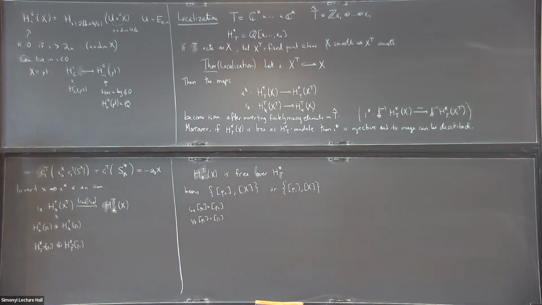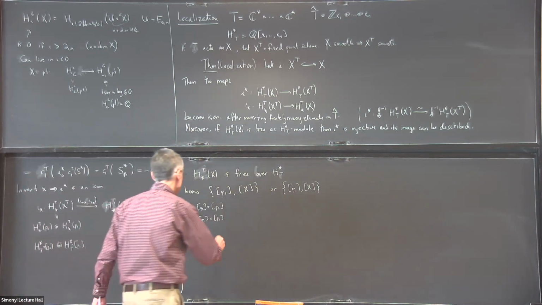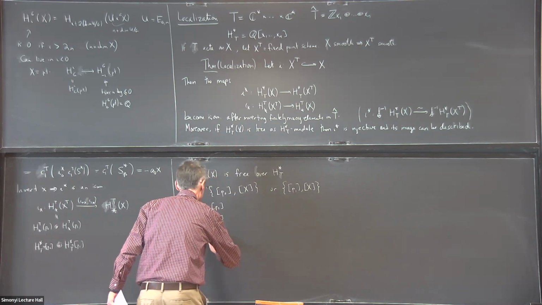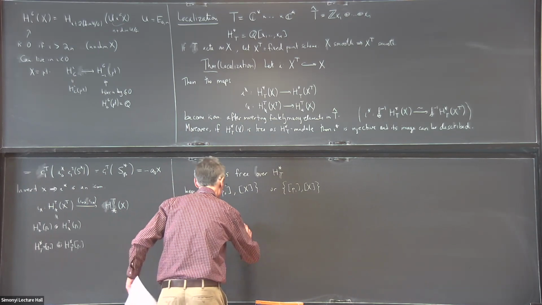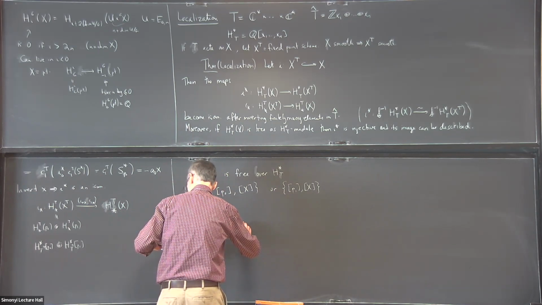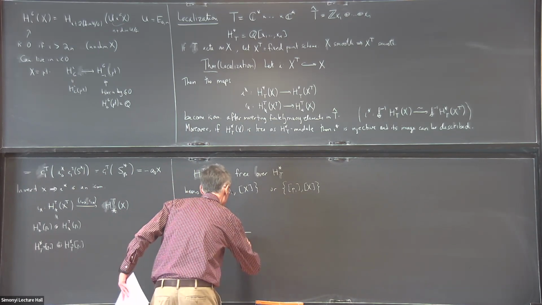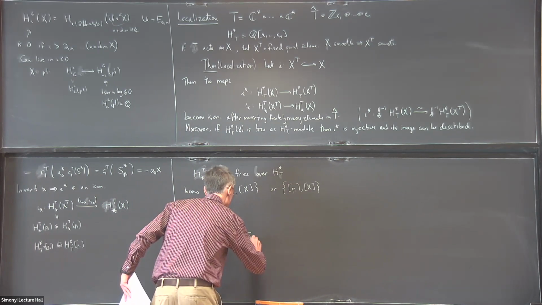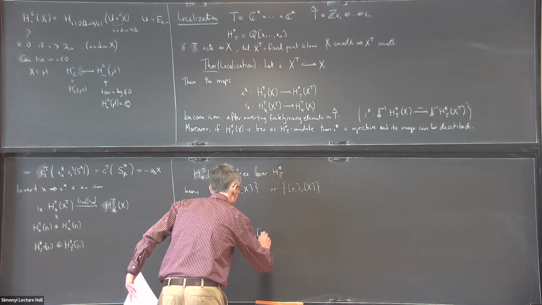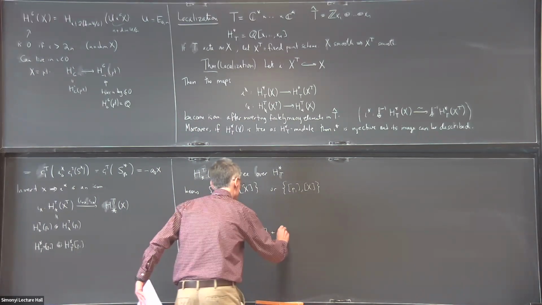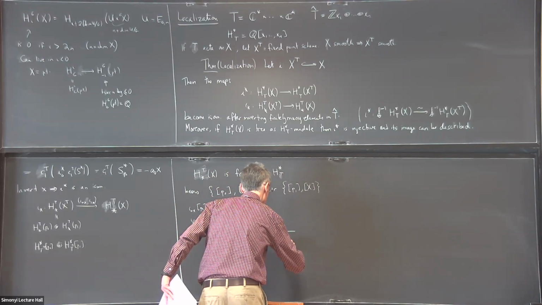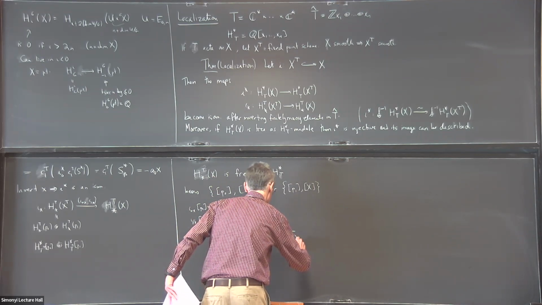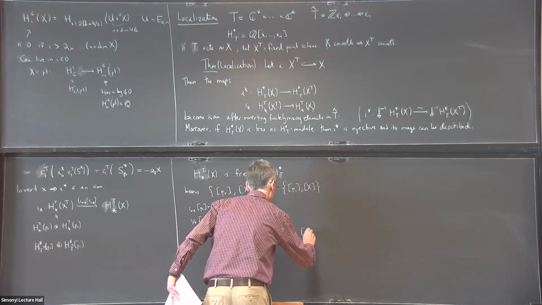So I'll tell you the answer now, and I will justify it a little bit later. In fact, the class X is equal to 1 over A1 minus A naught times X of P naught plus 1 over A naught minus A1 times X of P1.